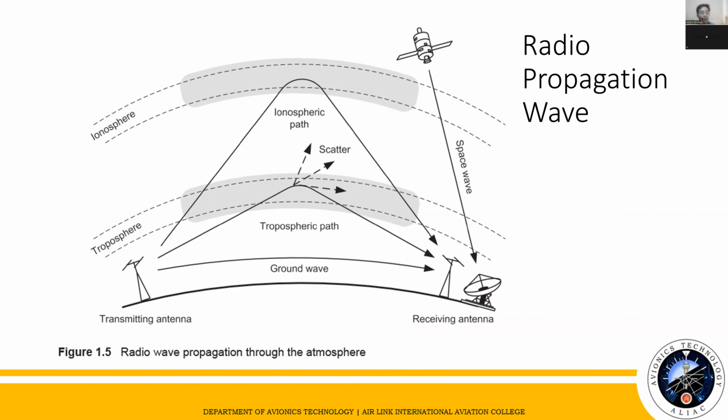The transmitter signal can also take a tropospheric path, and it can undergo diffraction. From the satellite, as you can see in the space wave, line of sight, the antenna receives it directly. These are examples of radio wave propagation through the atmosphere.